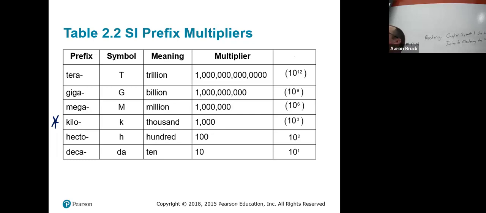And maybe they were a little bit more common once upon a time, but not as much even so now. Very few applications. Maybe a hectare, where we're talking about a 100-acre plot of land, but even that's pretty limited in its application and its use.